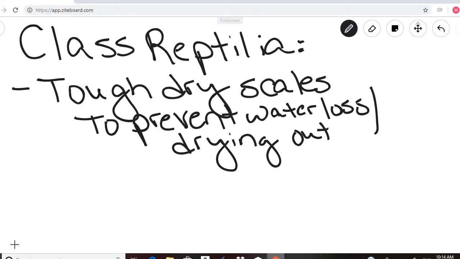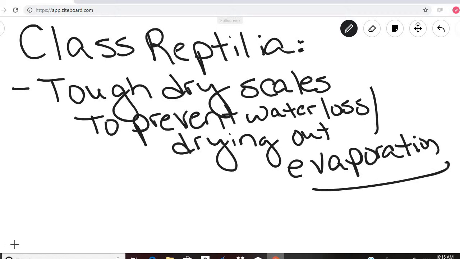They live in a wet environment, so that is appropriate for their environment. But when you live in a dry environment, you need some way to prevent water loss, because in a dry environment you're going to have a lot of evaporation. So a lot of water would be lost through the skin if they didn't have these tough, dry scales.